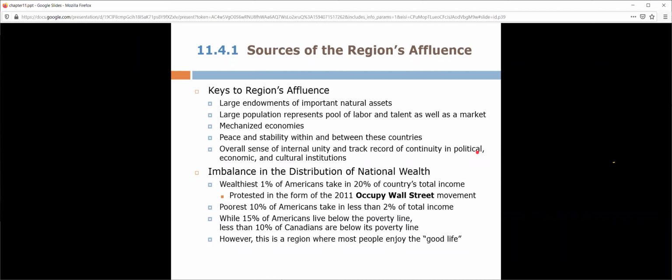within those wealthy areas. That is something that is relevant very much so in this wonderful year of 2020. That's more apparent than it has been possibly in years past, which is that unity and track record of continuity for economic, political, and cultural institutions.